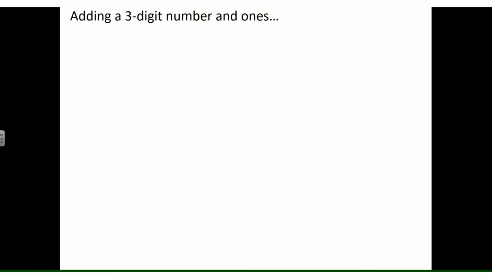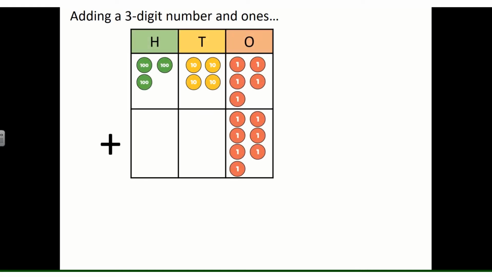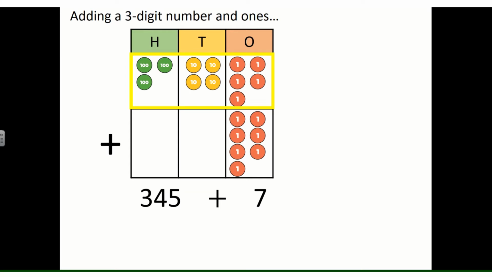We then move on to adding a 3-digit number and some ones. This time our numbers have been represented in a place value chart. We have the number 345 and we're going to add on 7 ones. This time I can see that there are more than 9 ones in the ones column.